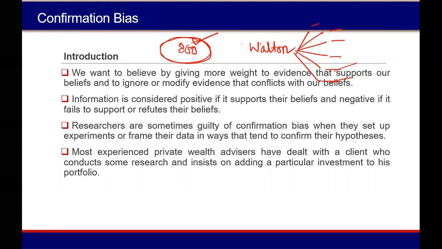So if he feels the information is in support of my opinion about Walton, those are positive, and if I see the information is contrary to my belief, I see those as negative.